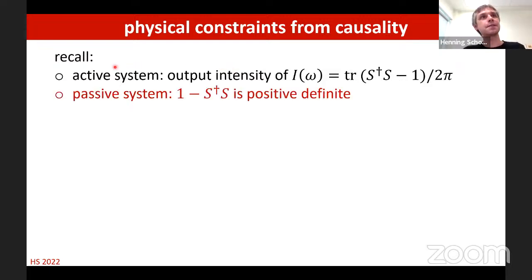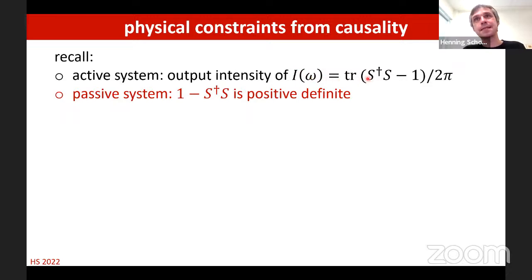And there's a really interesting distinction between passive and active systems in this setting. So in the active systems, the calculation that results in the output of a laser in this input-output formalism actually tells you at the end to take just the scattering matrix and see if it is more than a unitary matrix, a little bit larger because of the gain in the system. And this excess beyond unitarity, which is creation of photons, this actually tells you how much is coming out of the system.